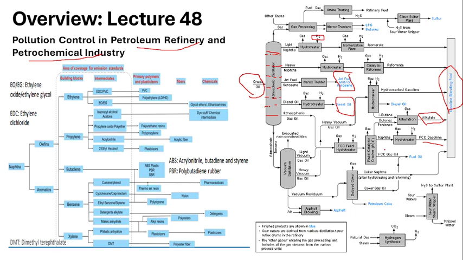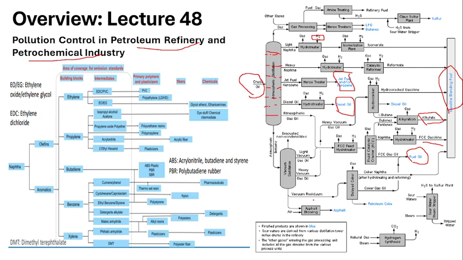So now coming to another category. Here the FCC gas oil can also be obtained as fuel oil, another product. And we have the coker unit. In this coker unit, what is happening is it is fed from the bottom product of the vacuum distillation.